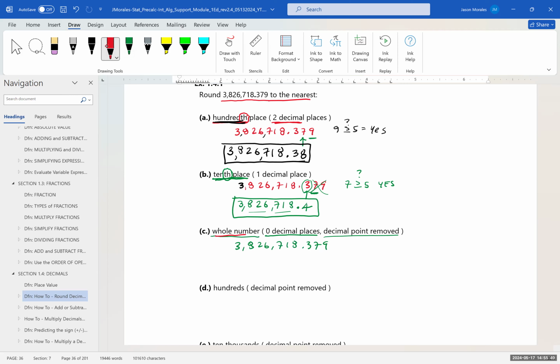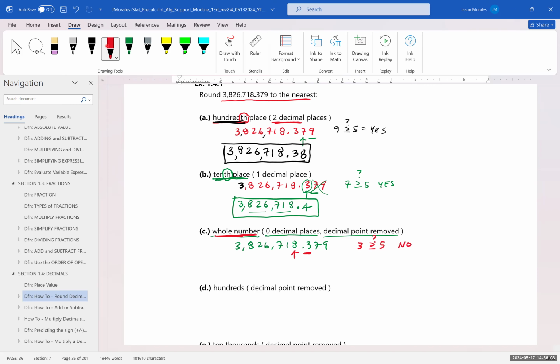So when we're rounding this to the nearest whole number, it's going to be the ones place that we're rounding. And so now what you do is you look at the next digit to the right of that one, and we ask, is 3 greater than or equal to 5?